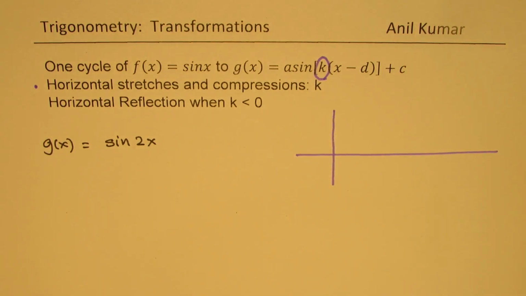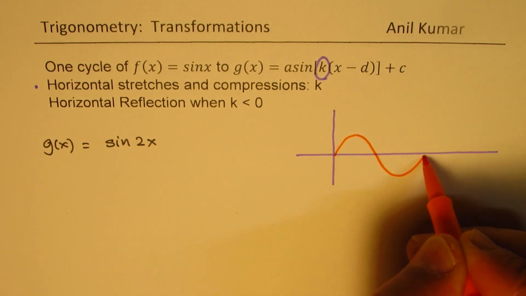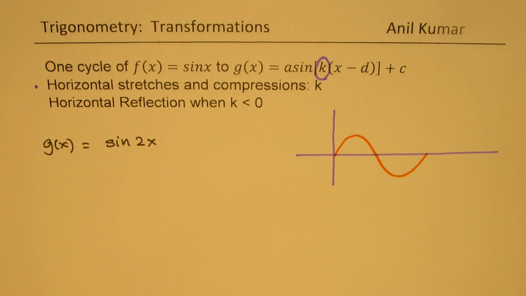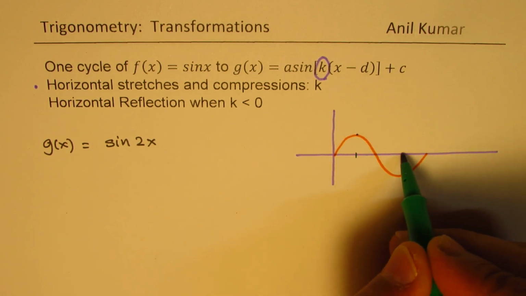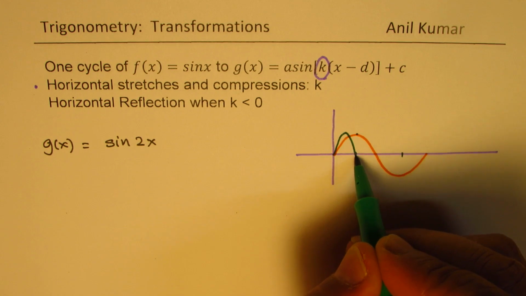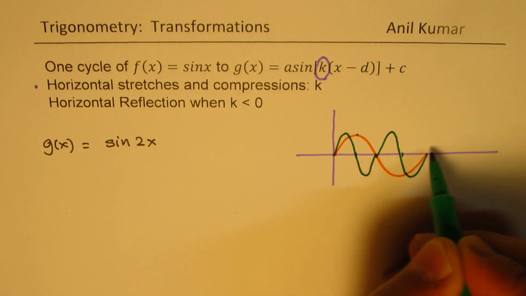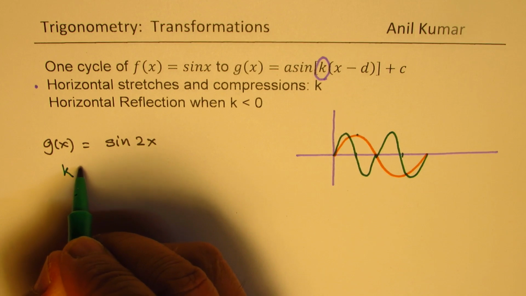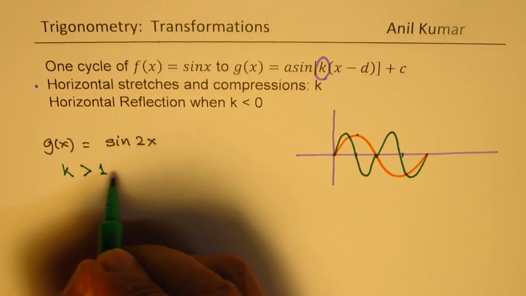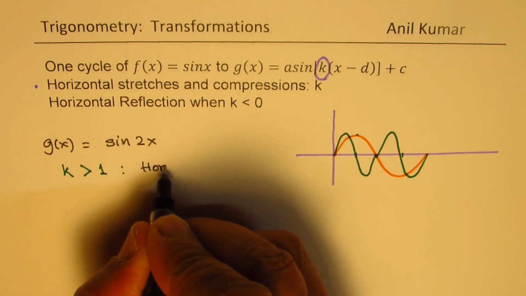So when we have sine of 2x, then the sine graph, which has a cycle of 360 degrees, it actually compresses, and we'll get two waves within this period, right? So one will be kind of like this, the other will be kind of like this, right? So we have two waves within this. So when the value of k is greater than 1, in that case we get horizontal compression.